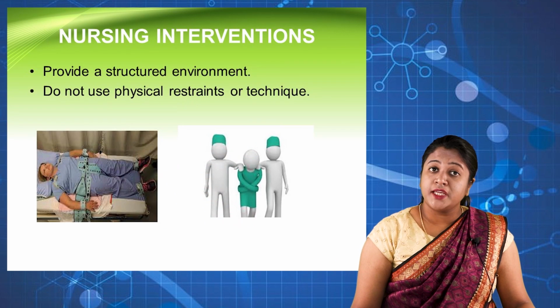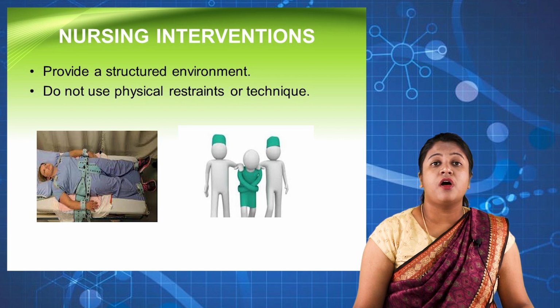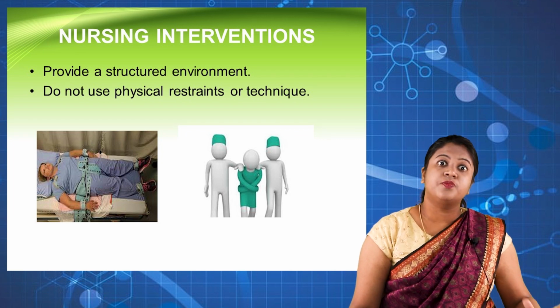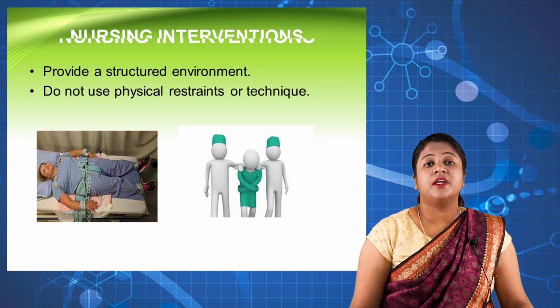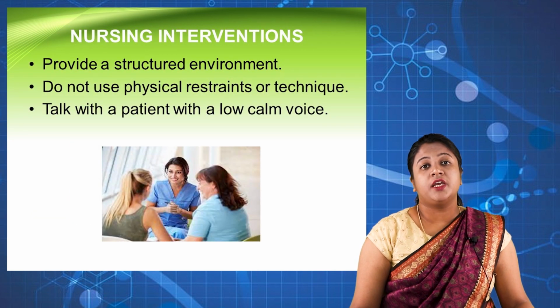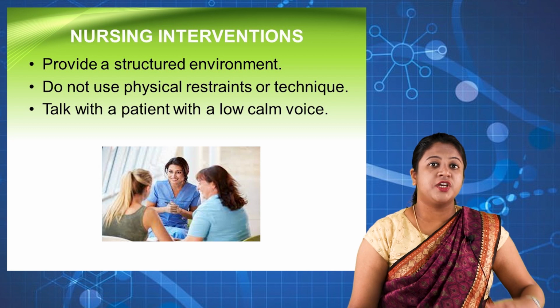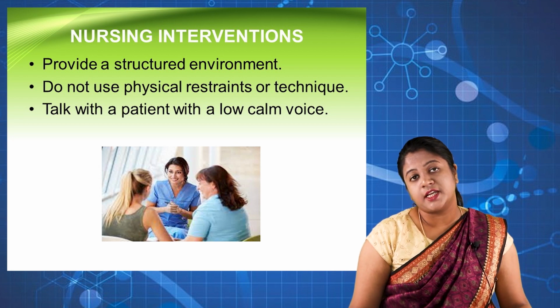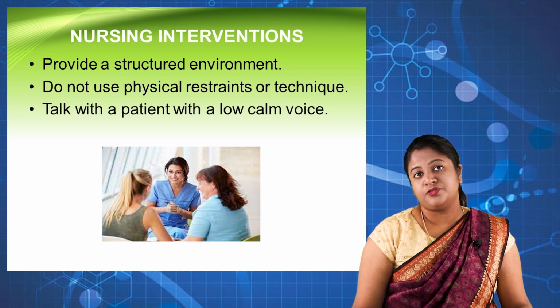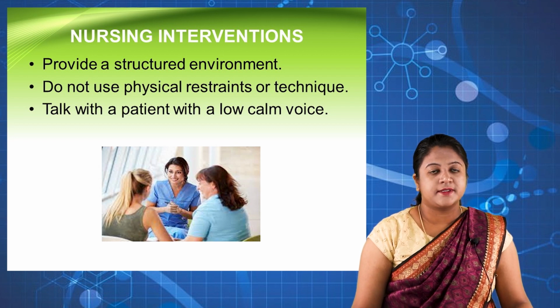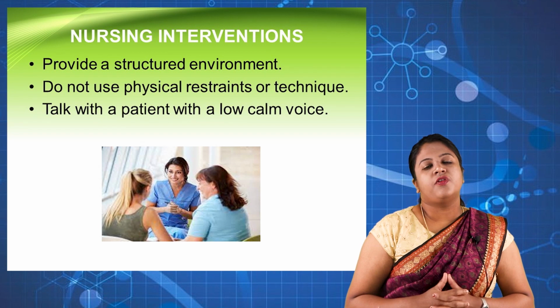Do not use any kind of physical restraints or techniques when the client becomes very violent. Rather, you can talk with the patient in a low voice, which is going to reassure the client, and also try to divert or distract the client during the time of violence. That is about the risk for violence.